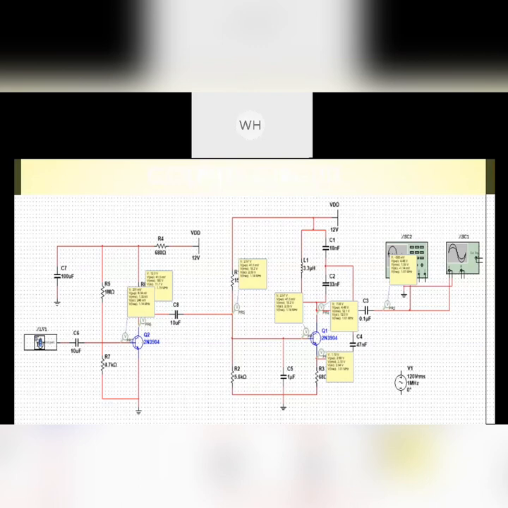For the common collector, we can see our voltage value is 12 volt. So we connect from the pre-amplifier to the Colpitts Hartley circuit.